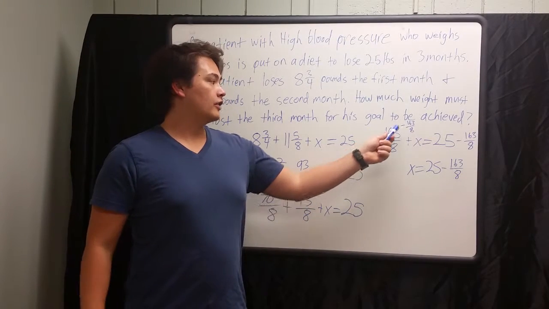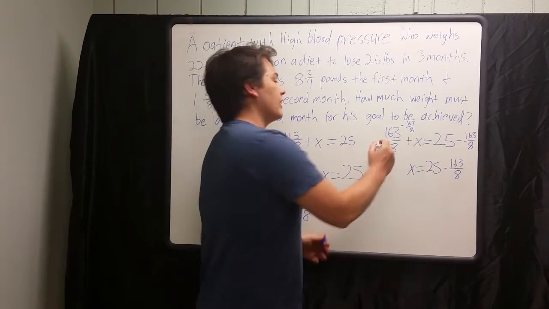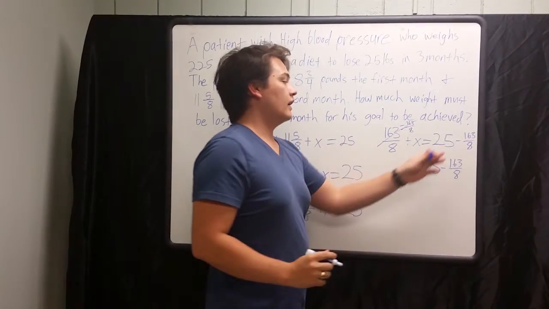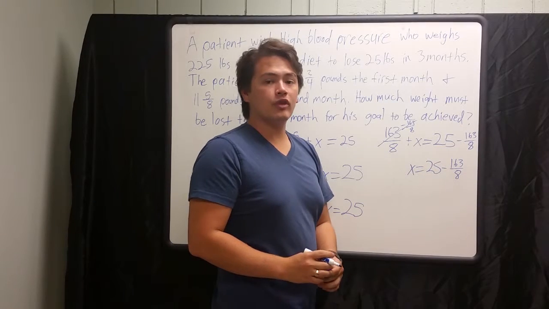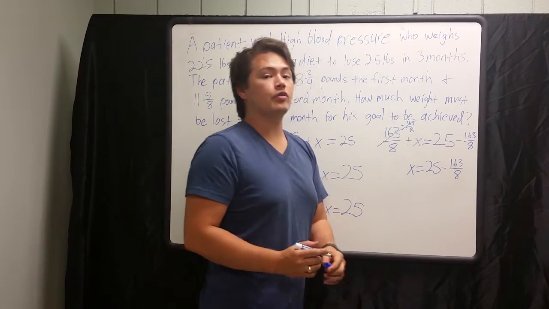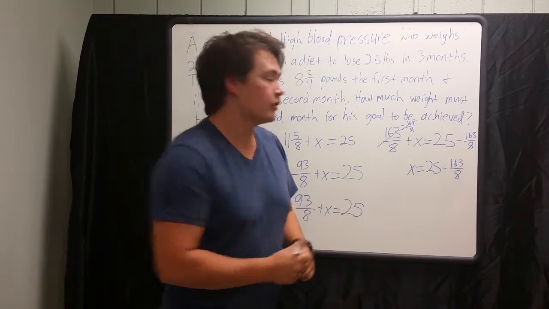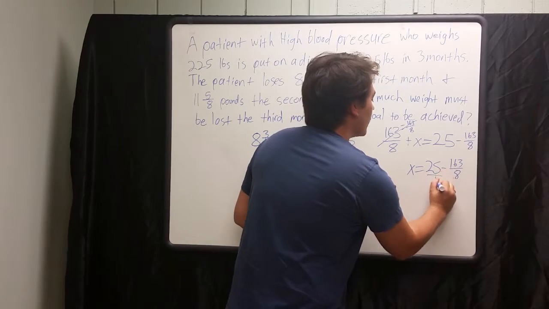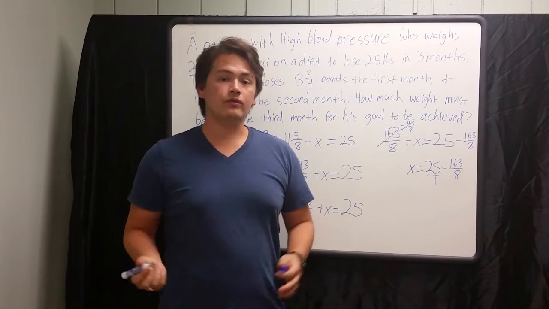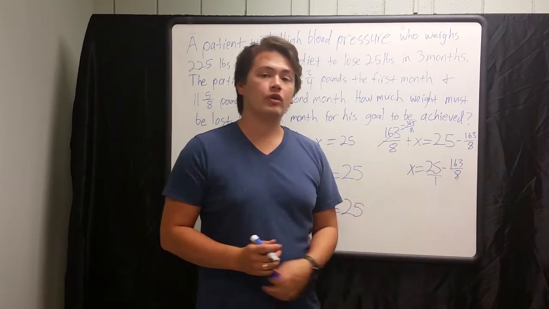So I subtracted 163 over 8 on this side, which cancels this out. And I subtract 163 over 8 on this side, so it's going to be x equals 25 minus 163 over 8. From here, we know that whole numbers are all over 1, so we're going to find the common denominator between 25 over 1 minus 163 over 8.